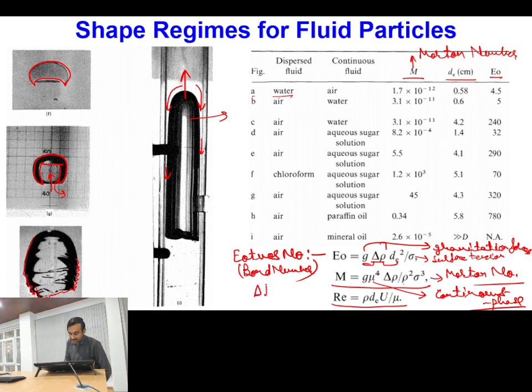Wherever I have delta rho, delta rho is the modulus of rho dispersed minus rho continuous. So only the density of the dispersed phase is participating. Other than that, the viscosity of the dispersed phase we are not taking into account at the moment. Why?